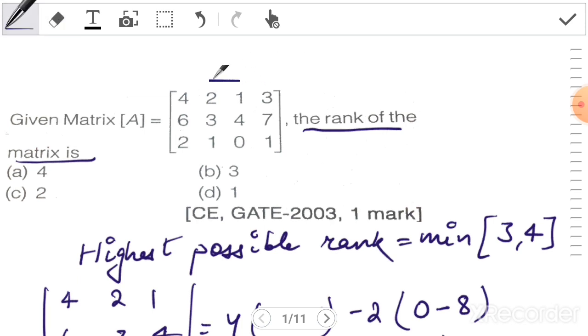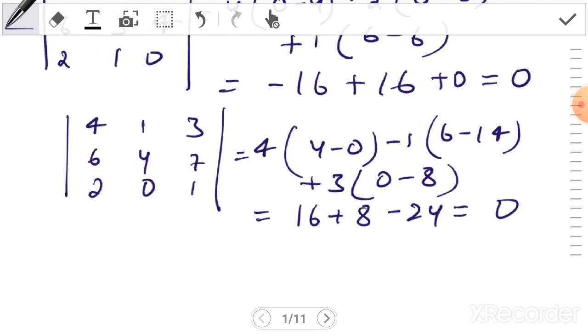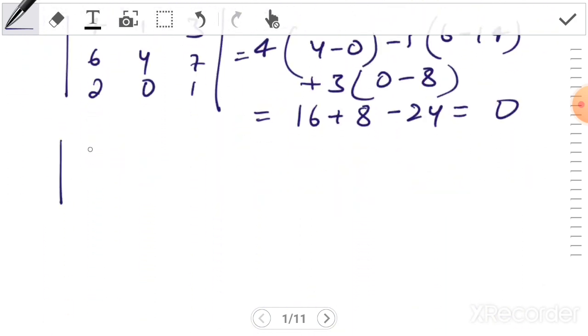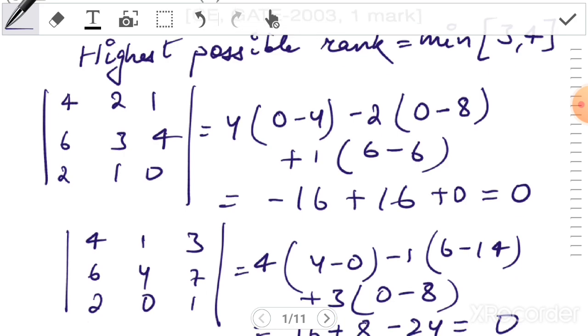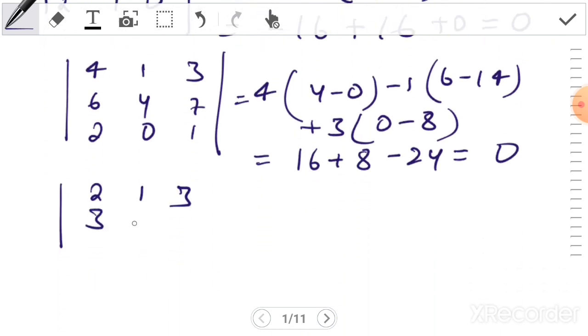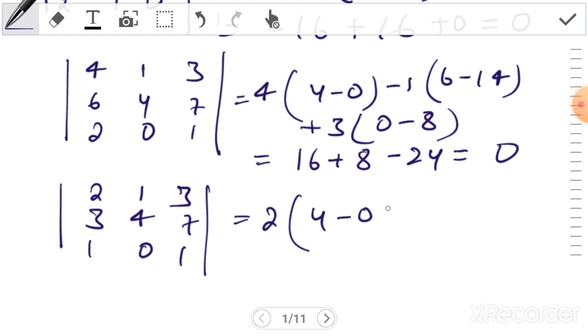Now let us consider this column and this column. 2, 1, 3, 3, 4, 7, 1, 0, 1. 4 minus 0, minus 1, 0 minus 4 and plus 3, 0 minus 4.